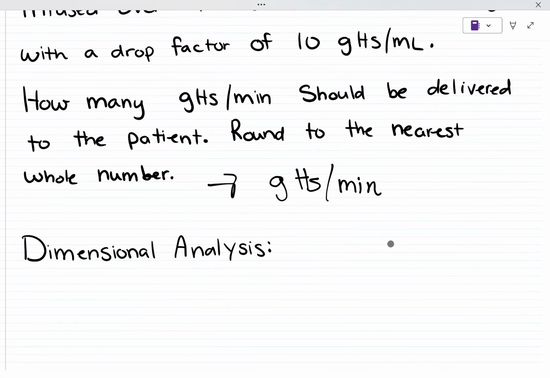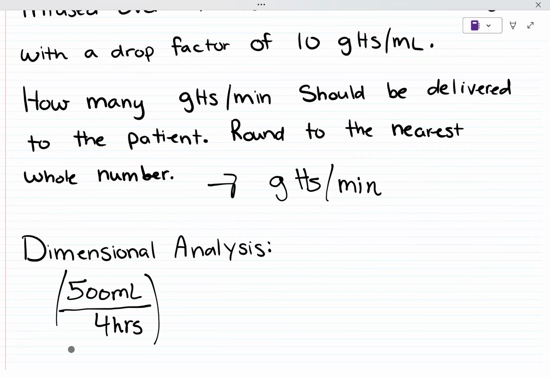We have an order for 500 mL to infuse over 4 hours. That is a fraction already: 500 milliliters for every 4 hours. And we're just going to multiply it out, and somehow we have to end up with gtts per minute as our final answer.